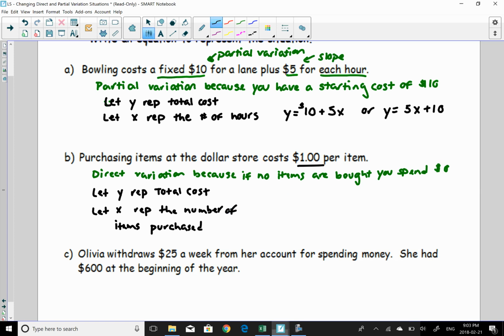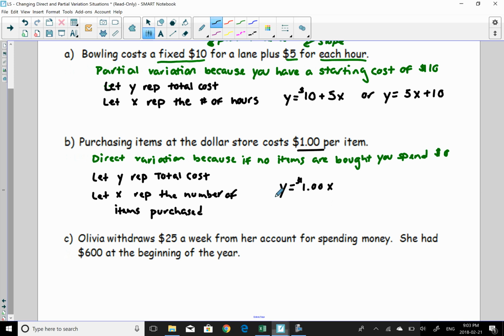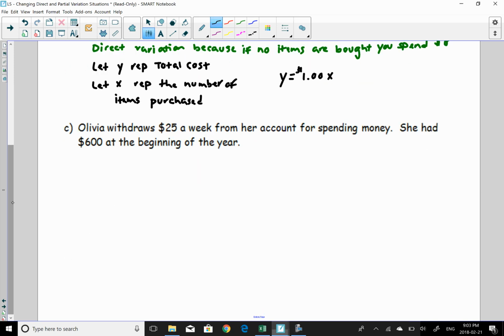So my total cost, y, is equal to 1 times x. So x would be how many items I'm buying, and 1 is my $1. So I can find out any total cost once I know how many items I'm buying.